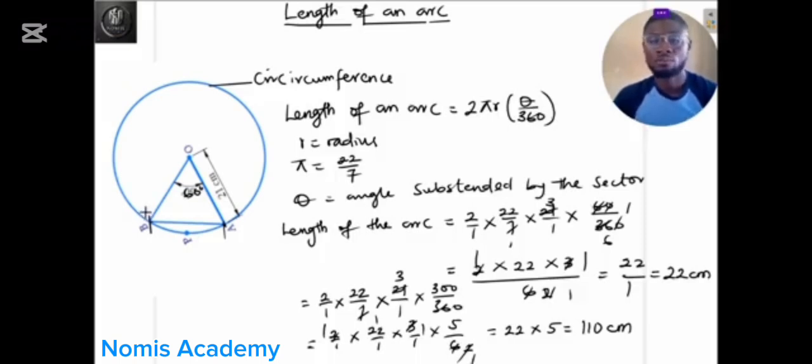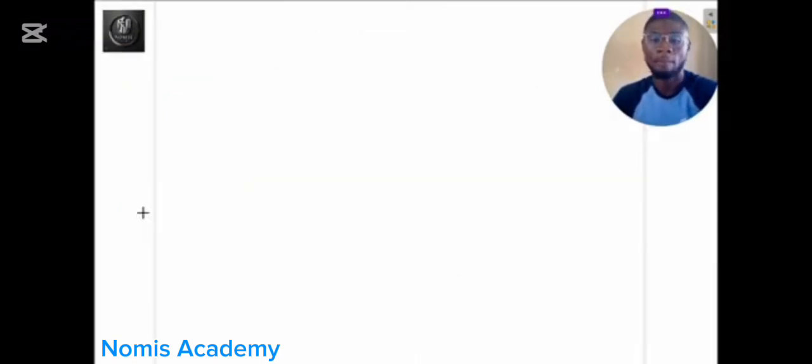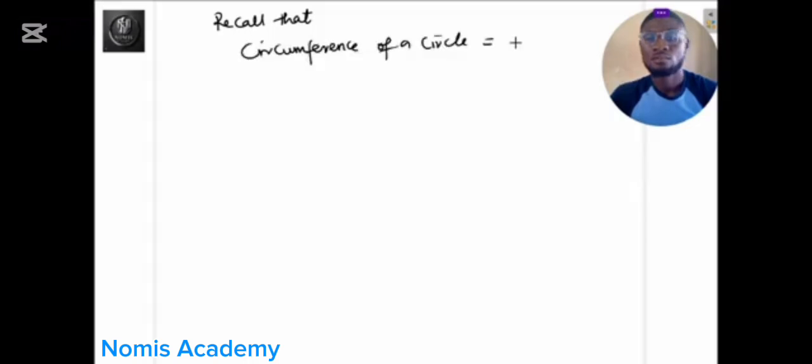Let us confirm that this is so. Let's calculate the circumference of the circle. Recall that the circumference of a circle is 2 pi r.